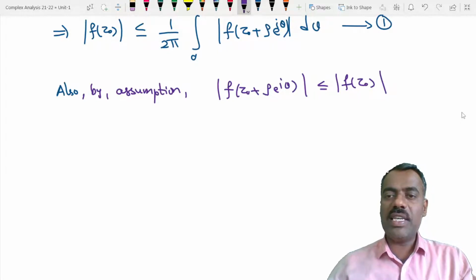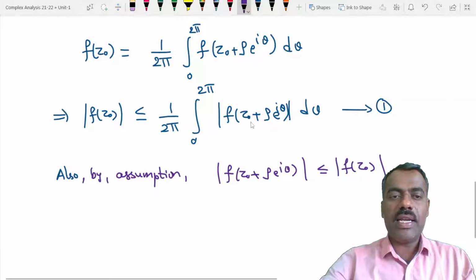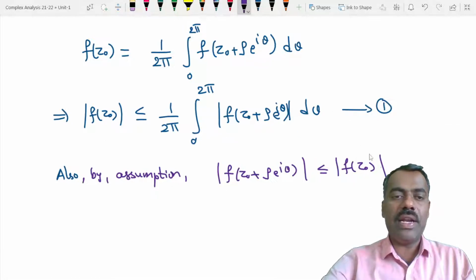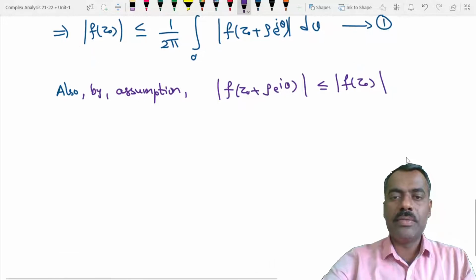So if this is the case, then if we take the integration and simplify, we get another inequality, and from that you will see that these two are actually equal. How will we do that?